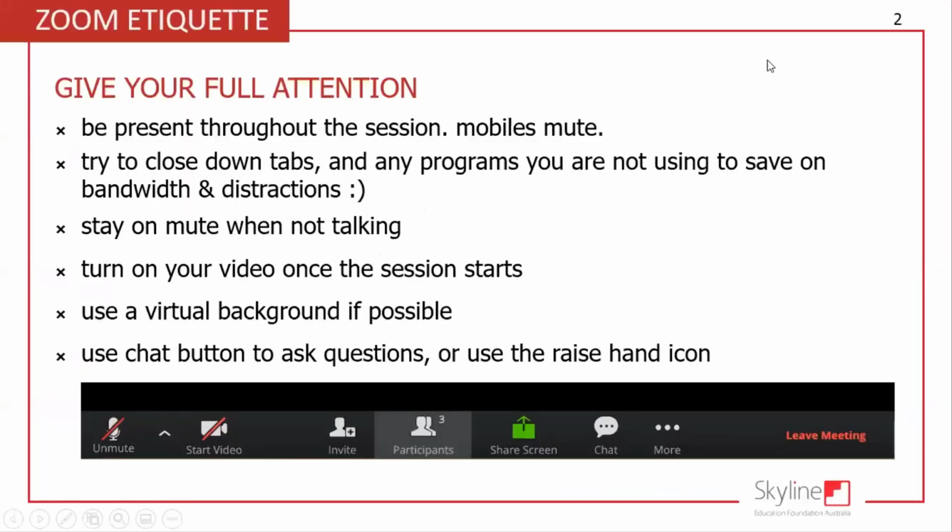So just a bit of Zoom etiquette for today. I'd really appreciate it if you would keep your mic on mute at all times unless you're asking a question, and use the chat to ask questions. We'll also have a bit of time for Q&A using another system.